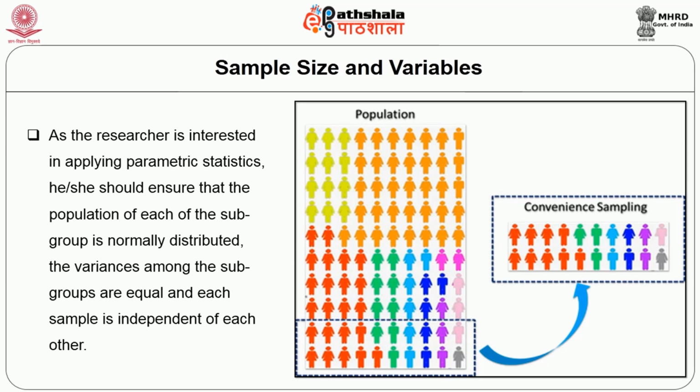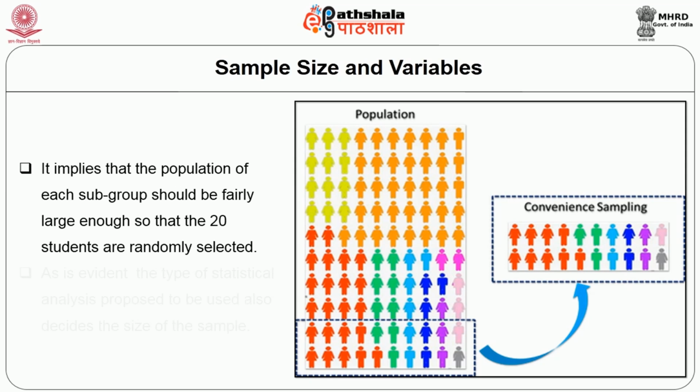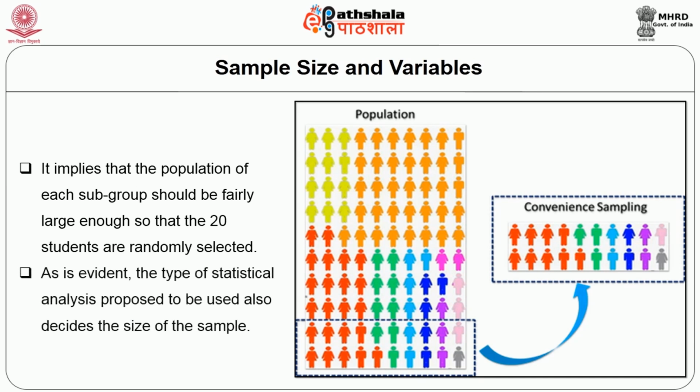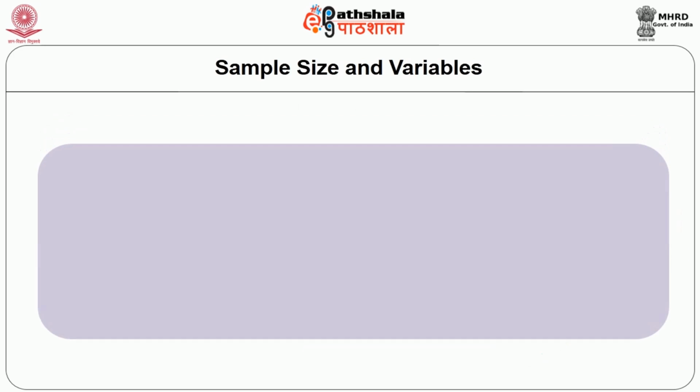The variances among the subgroups are equal and each sample is independent of each other. It implies that the population of each subgroup should be fairly large enough so that the 20 students are randomly selected. As is evident, the type of statistical analysis proposed to be used also decides the size of the sample.